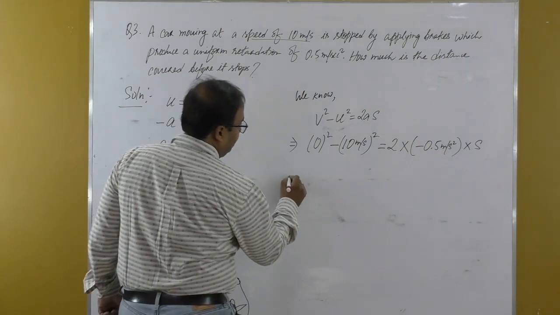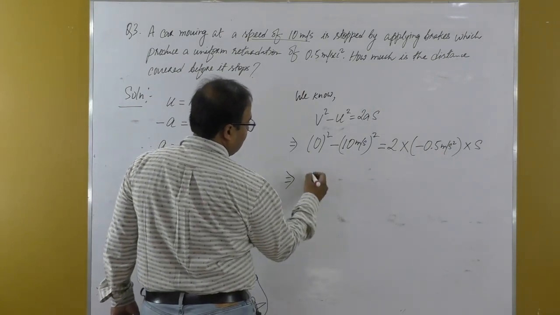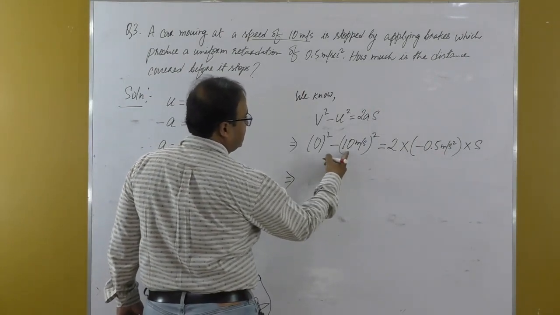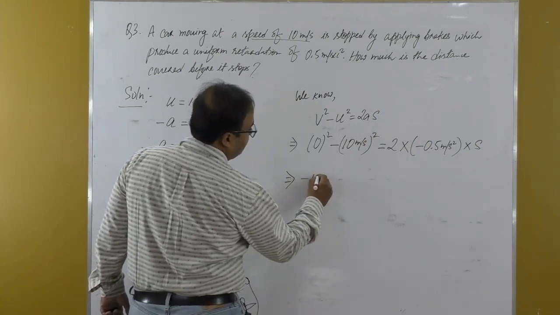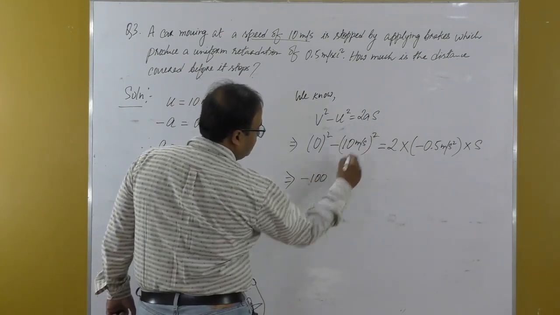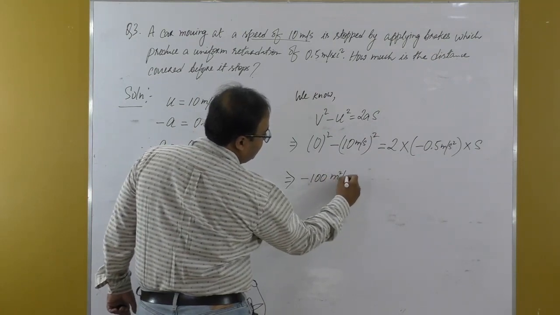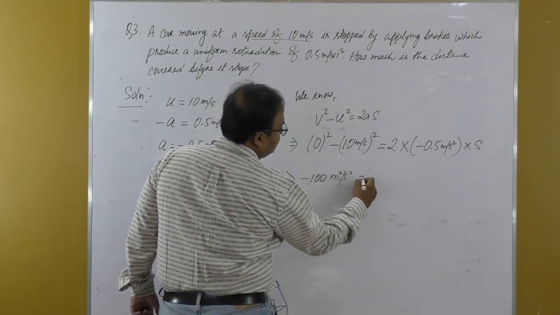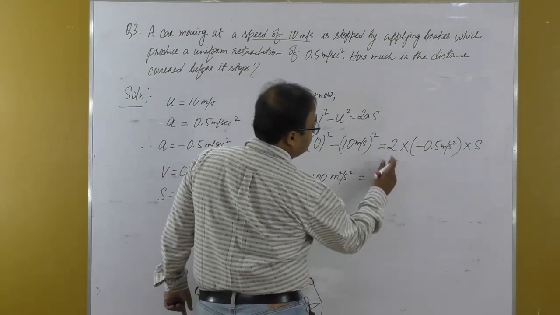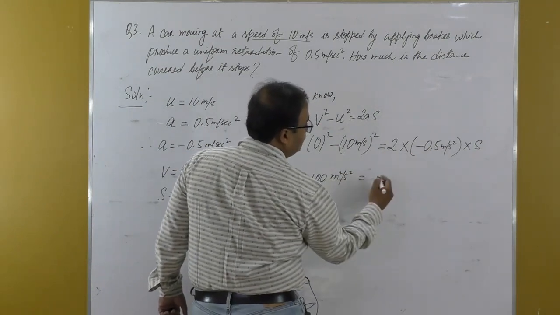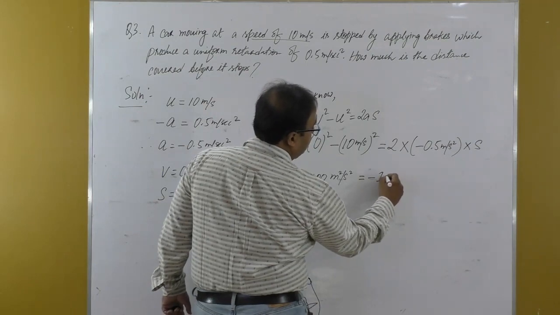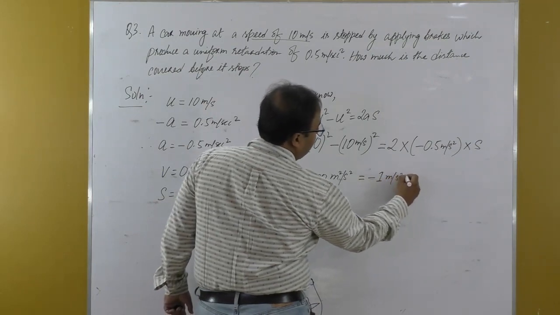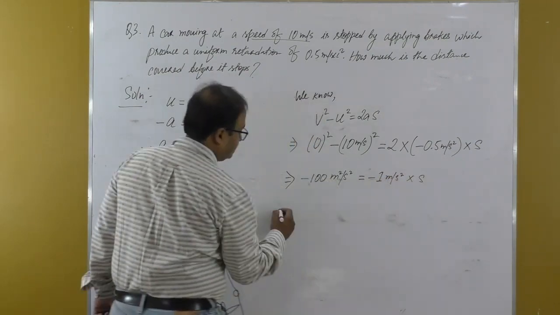Now if you simplify it, 0 square is 0, so minus 10 square is 100, so we can write here minus 100 meter per second whole square, so it is meter square per second square. That is equals to 2 into 0.5 is 1, so we can write here minus 1 meter per second square into s.